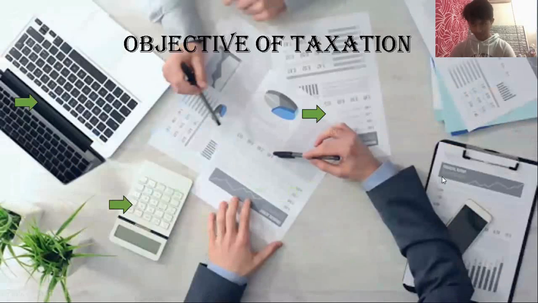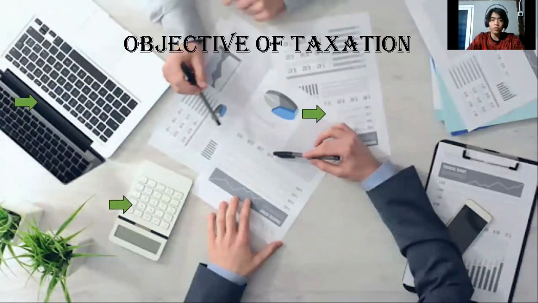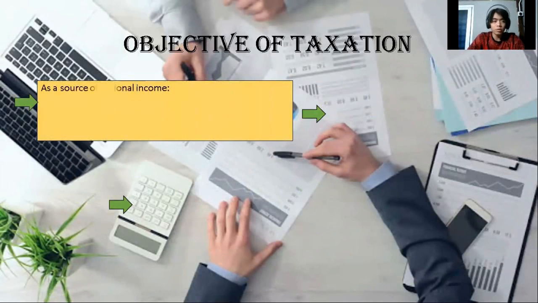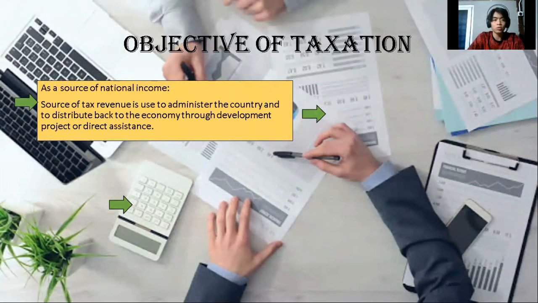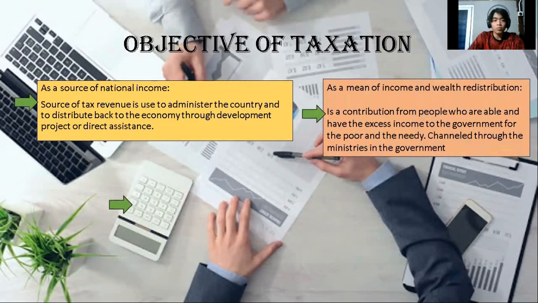So the objective of taxation will be presented by Faris. Today I will present about the objective of taxation. The first objective is as a source of national income, where tax revenue is used to administer the country and to distribute back to the economy through development projects or direct assistance.